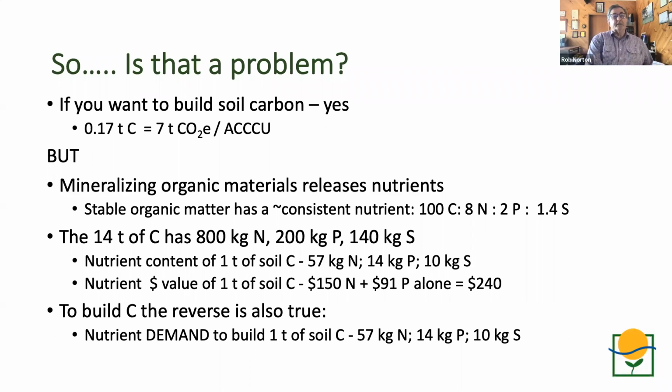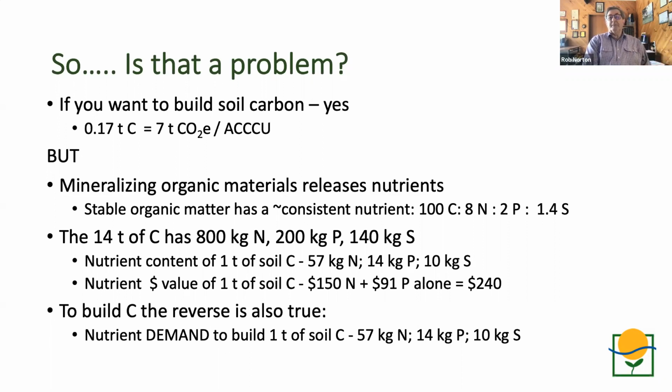That's pretty significant. So we actually use those nutrients and cycle them in and out. We remove some carbon, we release some nutrient. If we want to replace some of the carbon, we'd also have to supply the nitrogen, the phosphorus, and the sulfur in about those numbers.